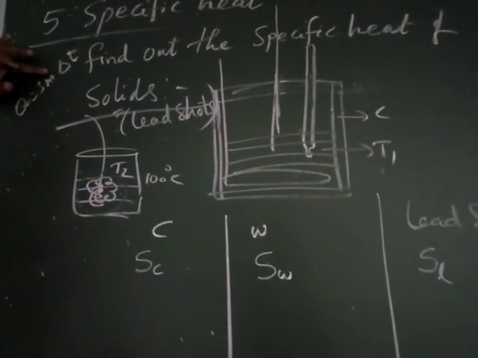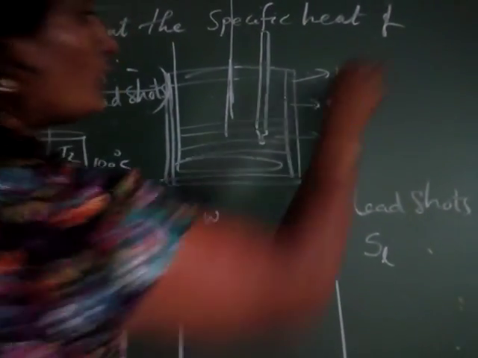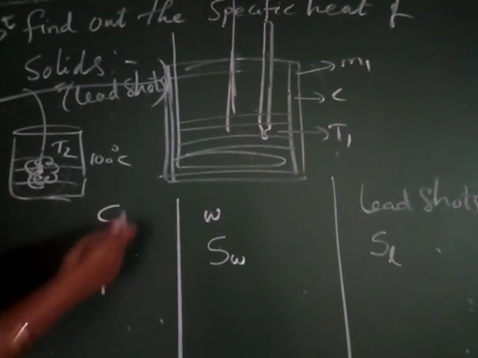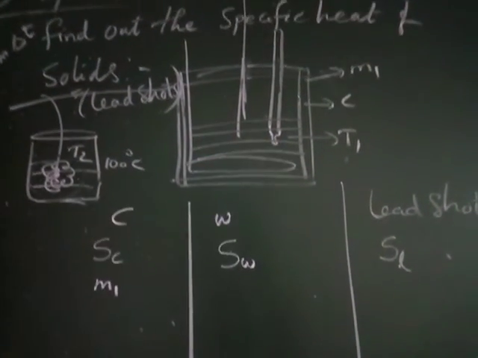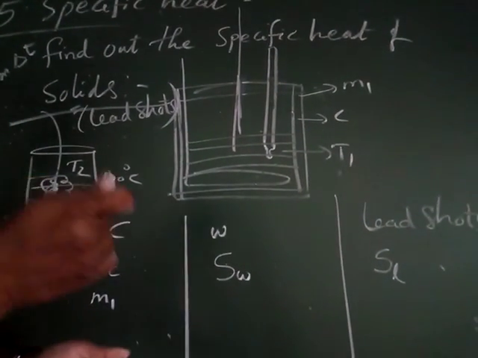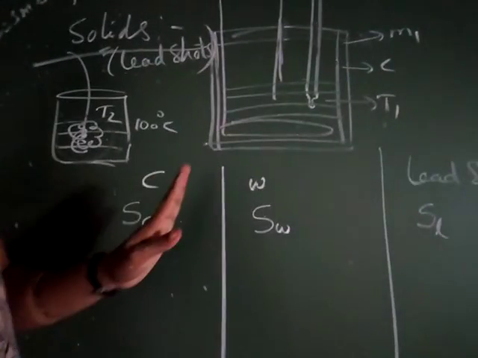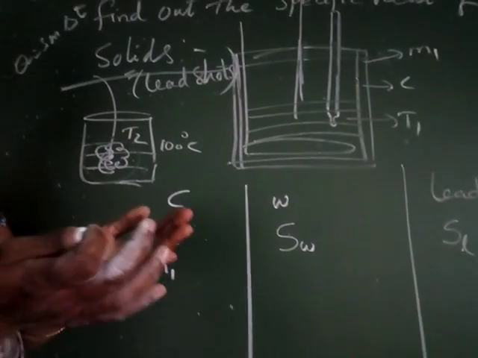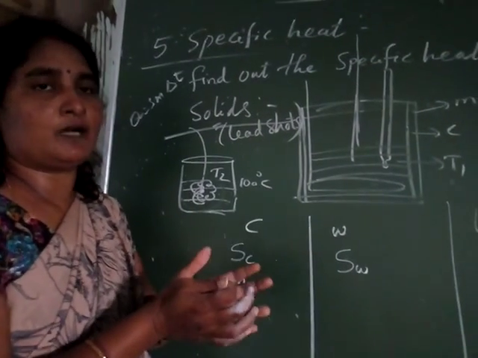Next one is the mass. Before this, we have to calculate the mass of the calorimeter. Let it be m1. Calorimeter mass is m1. Then the water mass we can write as m2. We can find the mass of the water by using any common balance. But you don't do like that. Why? Because suppose you are taking water in a container and measuring the mass of the water.